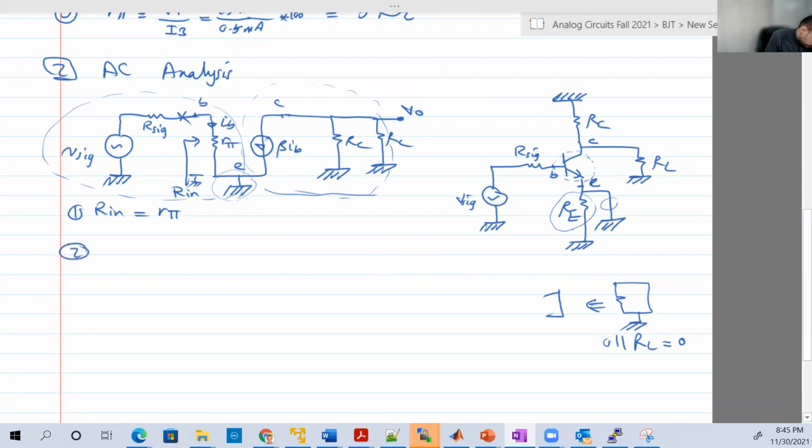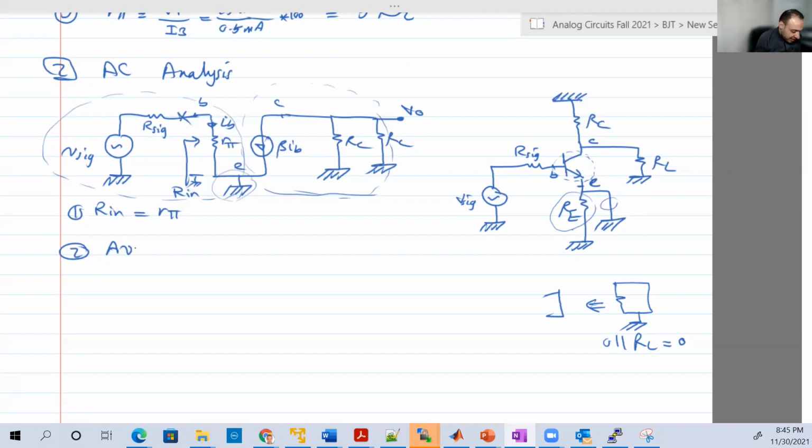Number 2, AV naught. Or let's get AV first. Let's get AV and then take the limit and get AV naught. So in the previous example, we get AV naught and we get AV, okay, separately. Now we get AV first, then we take the limit, we can get AV naught.